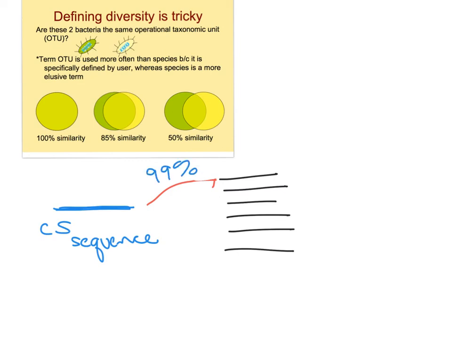Is that the same species? What happens if it's 95% similar? Is that a species? For reference, humans and chimps are about 99% similar. So what about 90%?